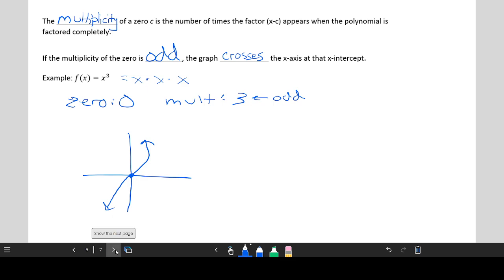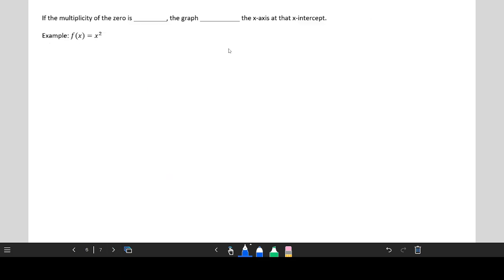Now, if the multiplicity of the 0 is even, then the graph is going to touch the x-axis at the intercept without crossing it. And so here's a nice basic example to help you remember that. x squared is x times x. The only x value you could plug in that would make that equal to 0 is 0 itself, right?